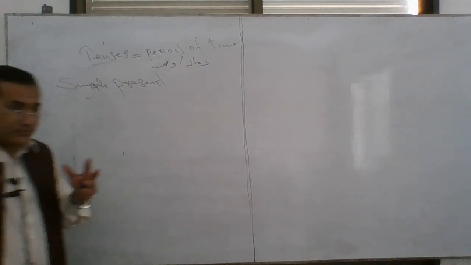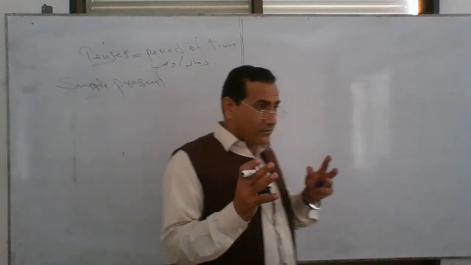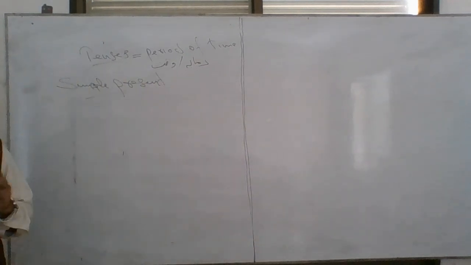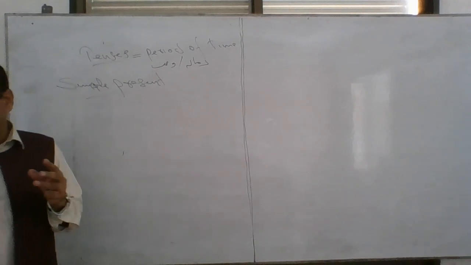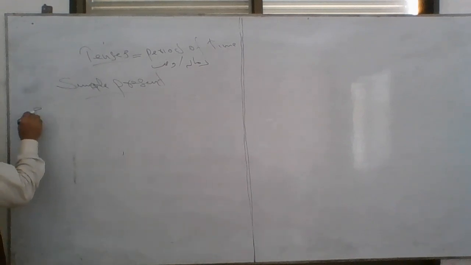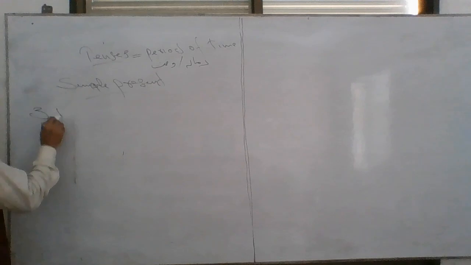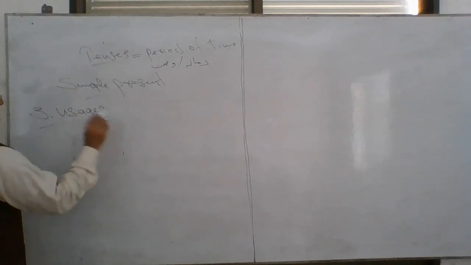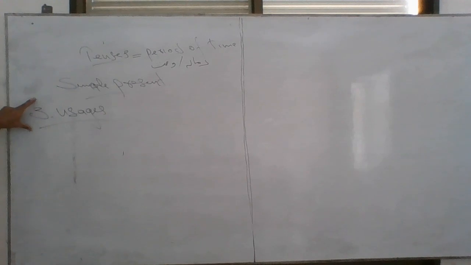Yani we can use present tense for three things. Number one, that is for universal truth. Three usages, इसके यानी तीन मौके पर ये हम इस्तेमाल करते हैं.